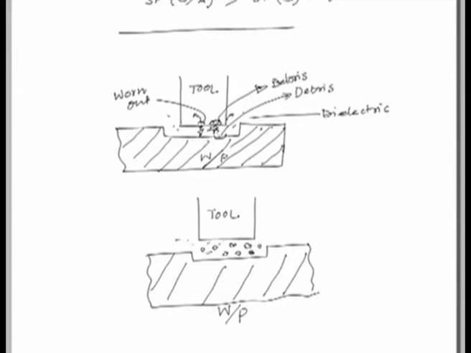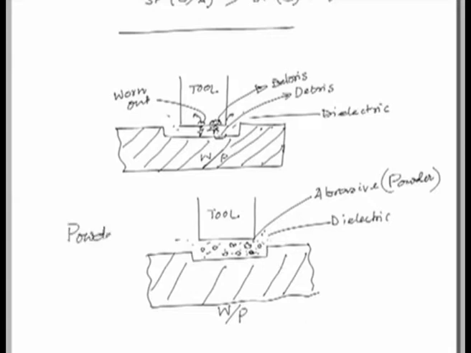This is the dielectric flowing through, which is an essential component in EDM, and these are the abrasives, which we call powder, the additional component in case of powder EDM. This is called powder EDM, whereas this is the conventional EDM case.